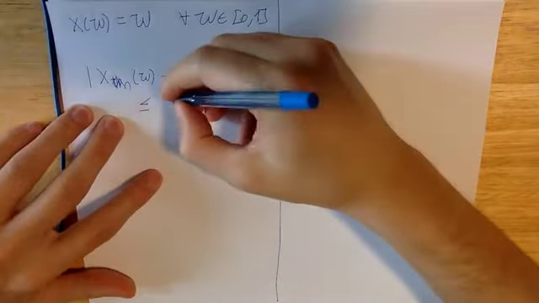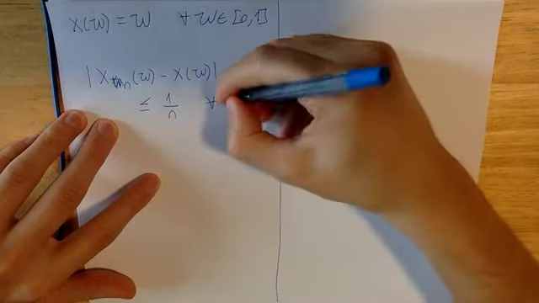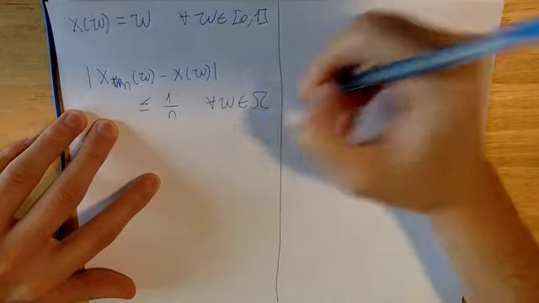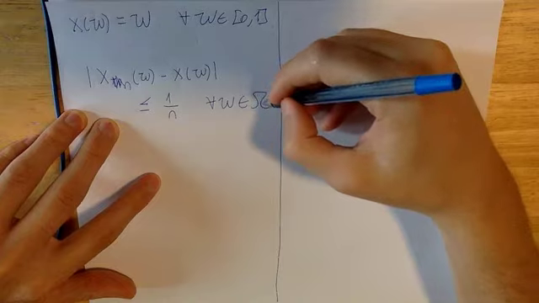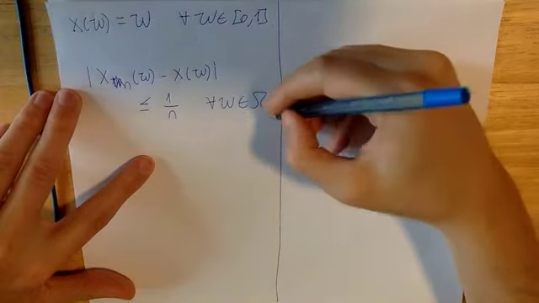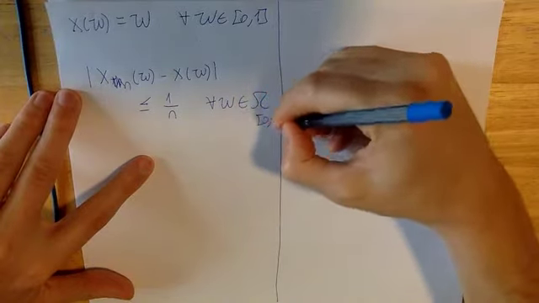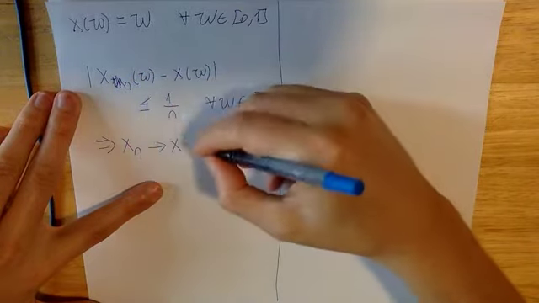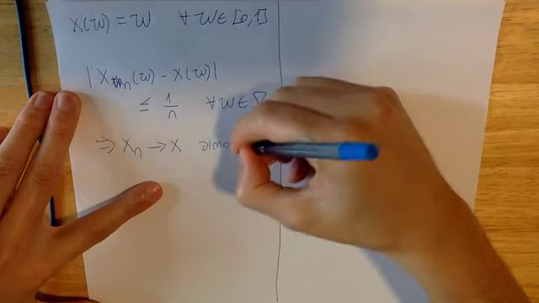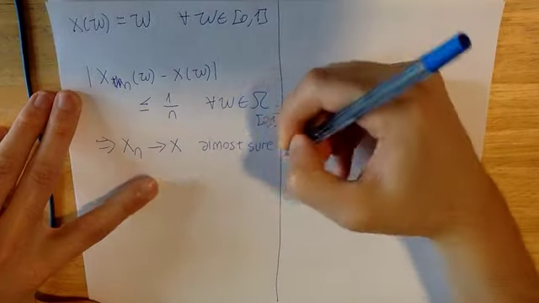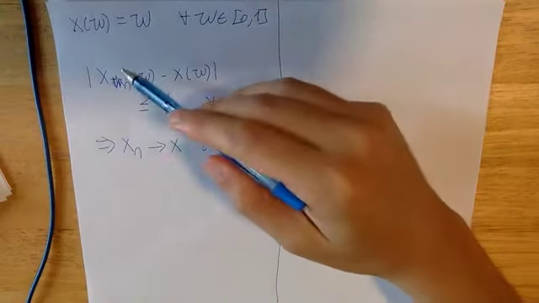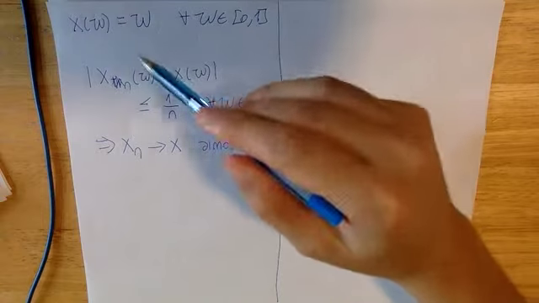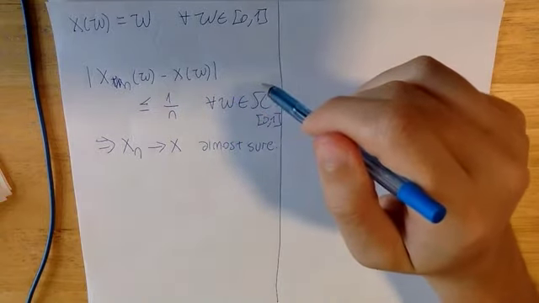So this is less than 1 over n for every omega in the sample space, which is just 0, 1, which implies that Xn converges to X almost surely. So here what we have actually shown is that Xn converges to X for every omega in the sample space.